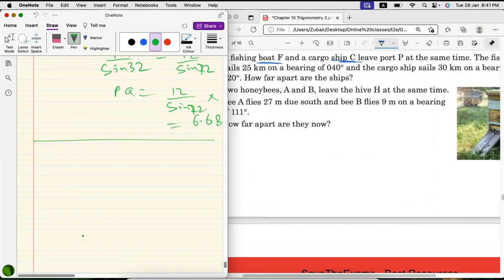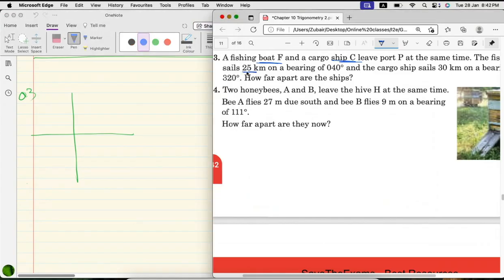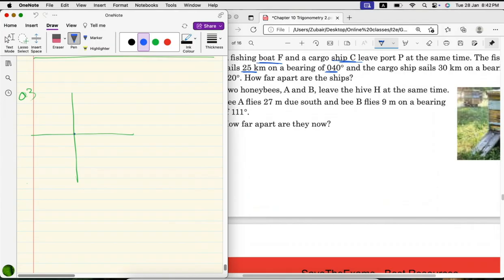So here we go. Question 3. Let's say this is our compass and the fishing boat sails 25 kilometers at a bearing of 40. So just as an estimate, I'm keeping that angle 40 degrees and it travels 25 kilometers.